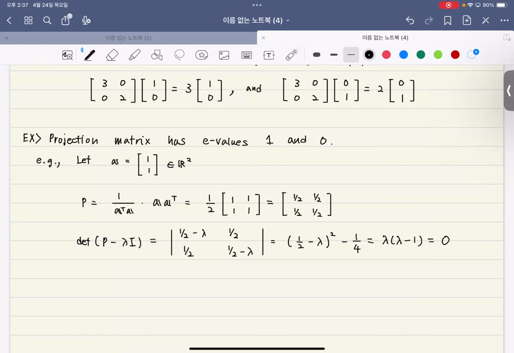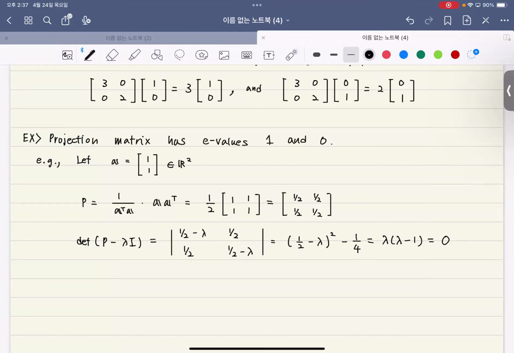If your vector belongs to this 2-dimensional subspace, then the projection doesn't change anything. So this vector multiplied by the projection matrix is going to be this vector itself. Because of this, this vector can be considered an eigenvector of eigenvalue 1, because P times this vector is this vector itself.